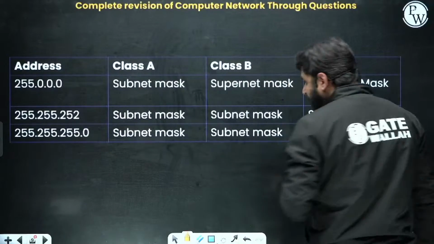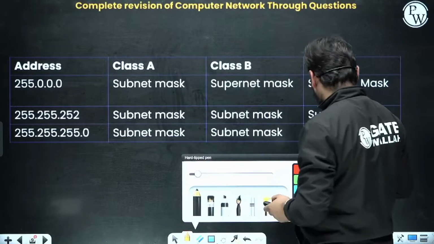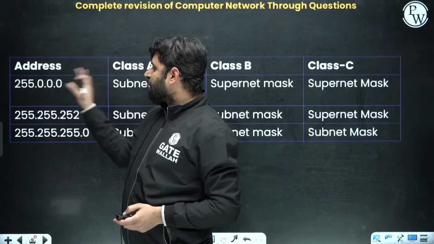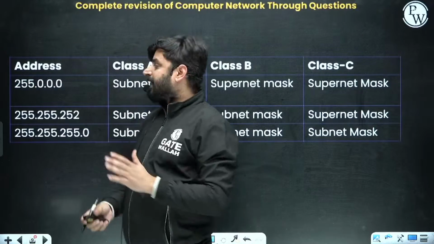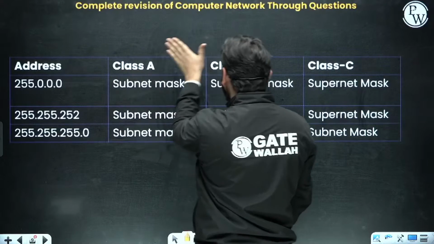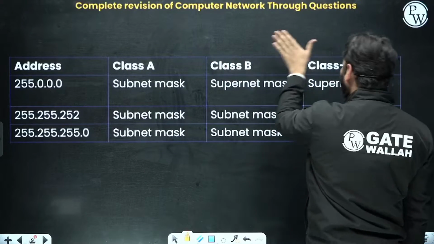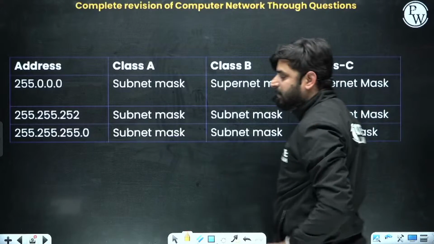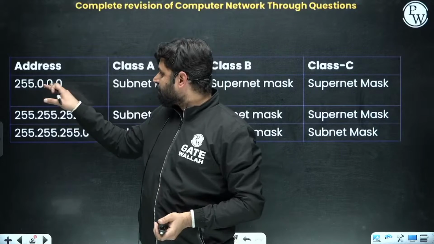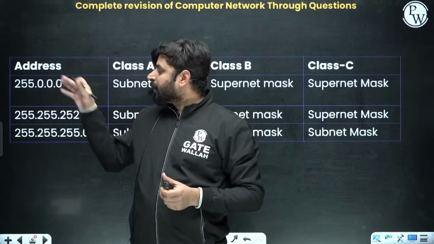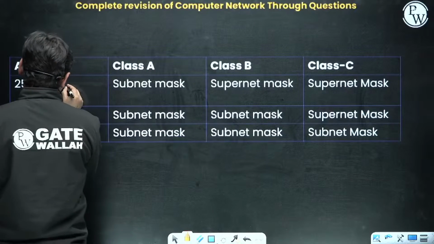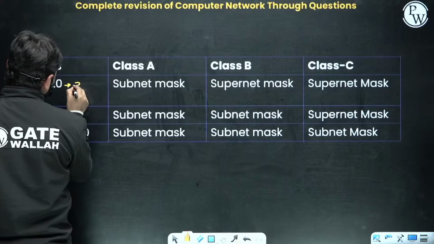Now, suppose my dear friends, this address is given: 255.0.0.0. Now we have to check whether this address, for class A, can be used as a subnet mask or supernet mask. For class B, can it be used as subnet mask or supernet mask. For class C, can it be used as subnet mask or supernet mask. Let me finish up. Okay, so 255.0.0.0. In this address, how many ones do we have? Listen carefully. 8 ones.